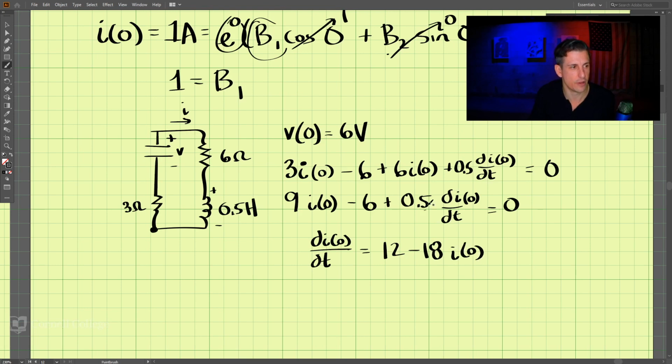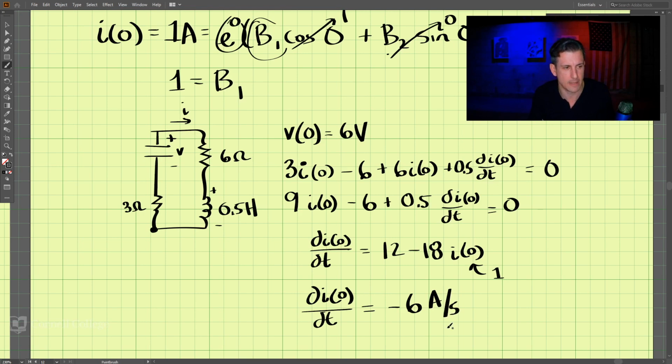All right, so that's the 0.5 multiplied here. And we know that this value here is 1. So we have di at 0 over dt is equal to -6, or, no, I'm sorry, amps per second. Amps per second here.